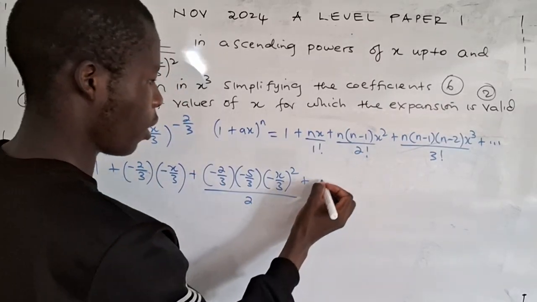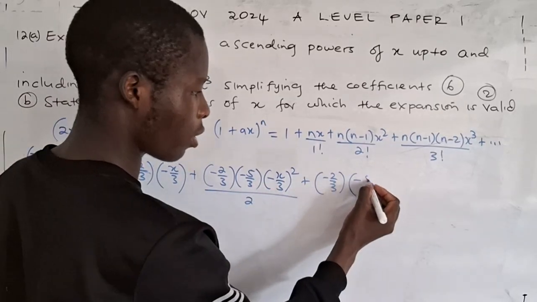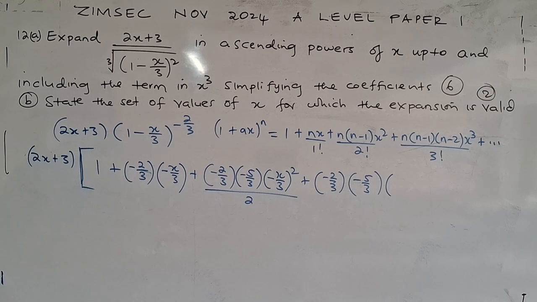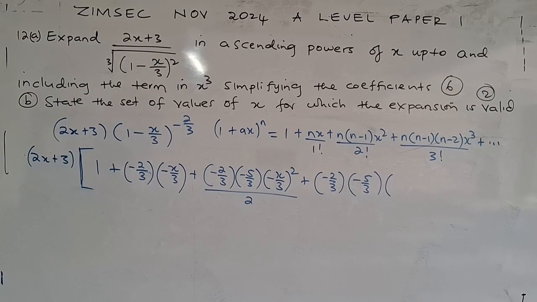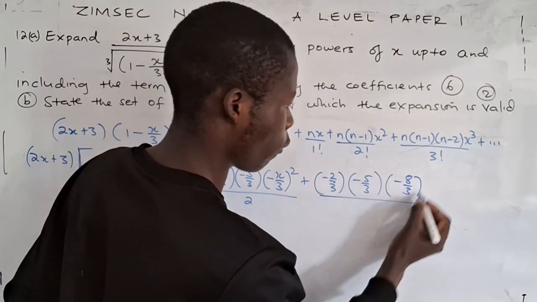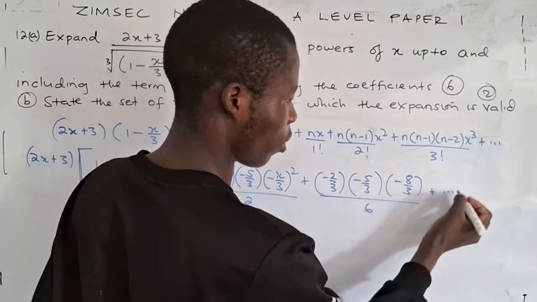Here I have n which is -2/3, and n - 1, this is -5/3. Now I have n - 2. When it's -2/3 - 2, what is the answer? It's -8/3. So here I have -8/3, everything divided by 3 factorial, which is nothing but 6. Okay, it's going like this.